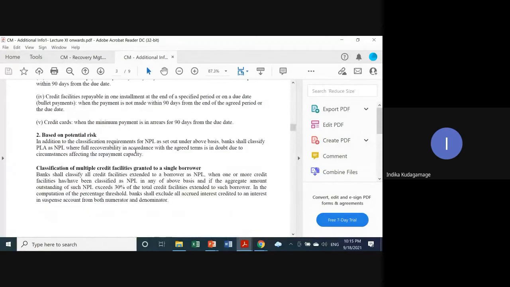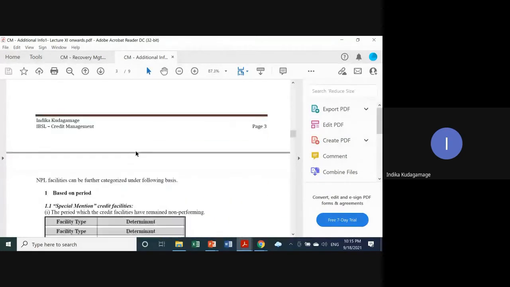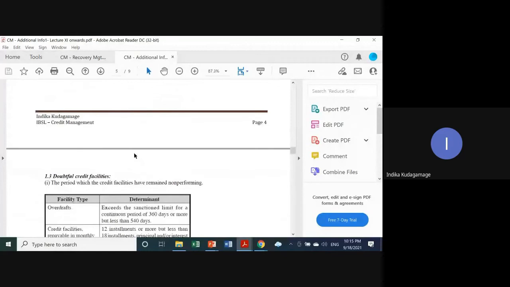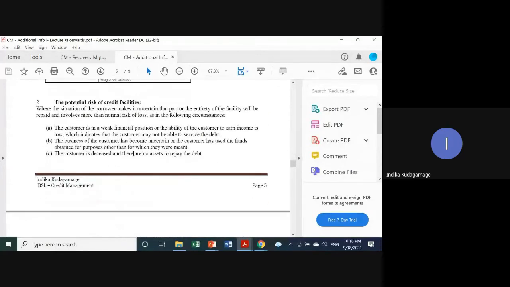Before going to this, based on the risk profile, how do we classify a customer? The customer is in a weak financial position. The business of the customer has become uncertain. The customer's turnover is decreasing.